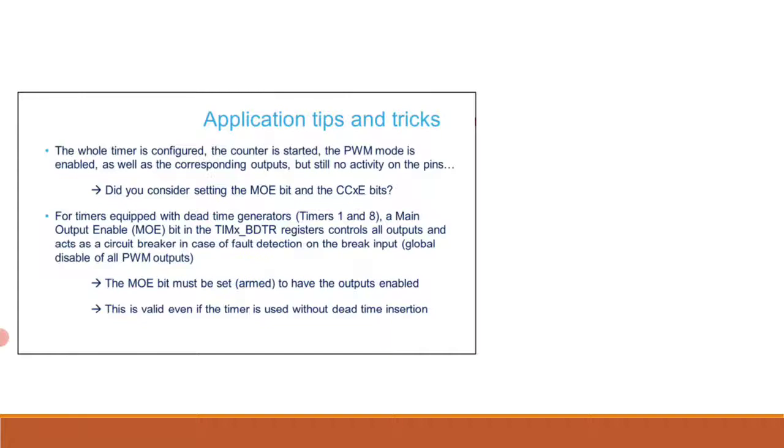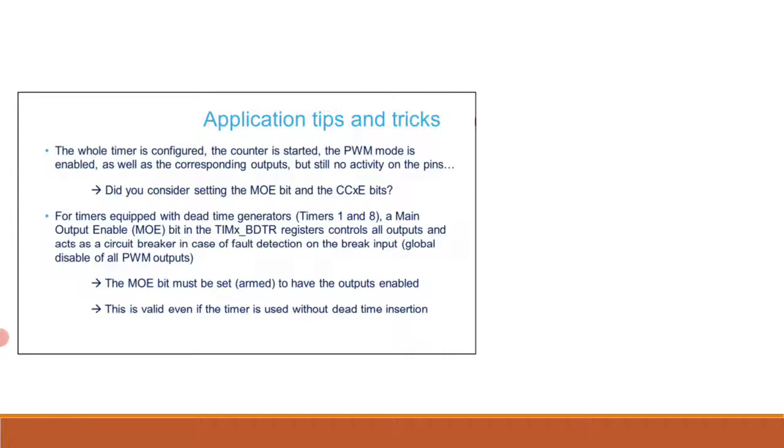For timers equipped with dead time generators, as we mentioned earlier, that is timers 1, 8, 15, 16 and 17, a main output enable MOE bit in the TIMx_BDTR register controls all outputs and acts as a circuit breaker in case of fault detection on the break input.